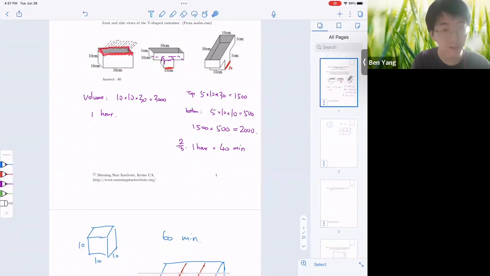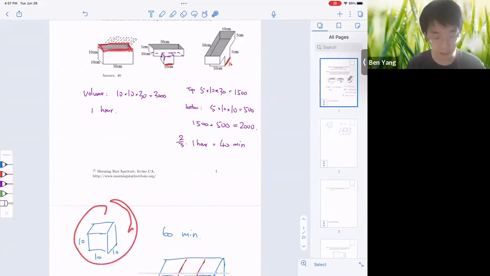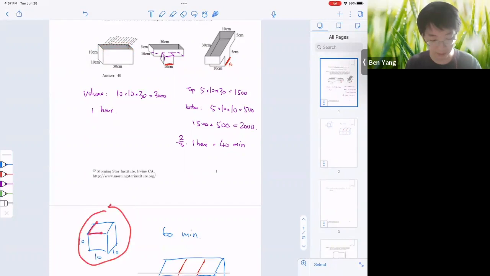That's 300. So here, for a 10 by 10 by 10 container, the area of the top is 10 times 10. That's only 100. So here the volume is smaller, but also you see the area of the top is also smaller. So that's why it will also take 60 minutes to fill up this container.